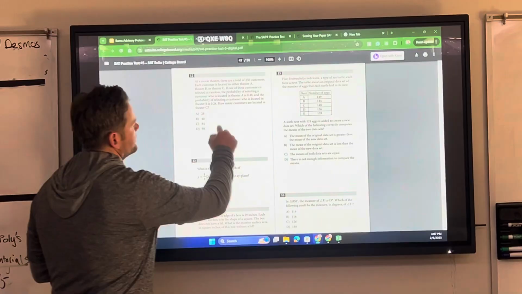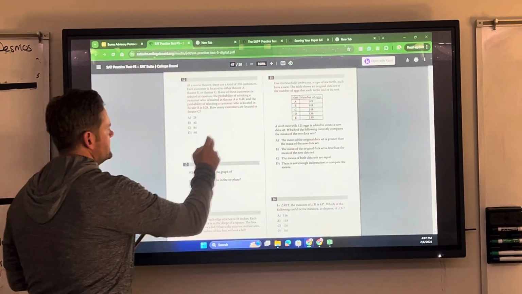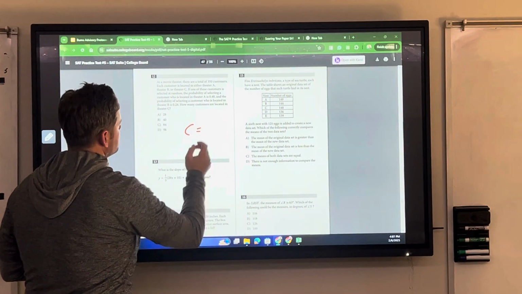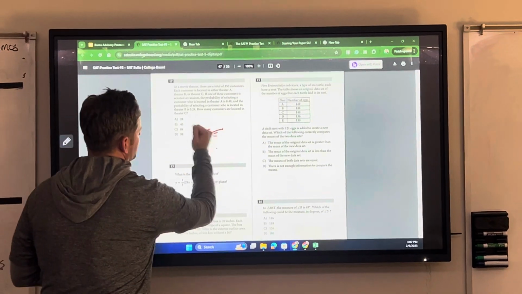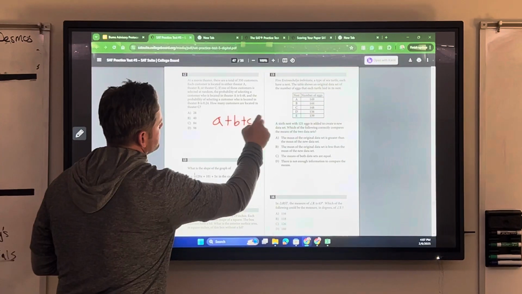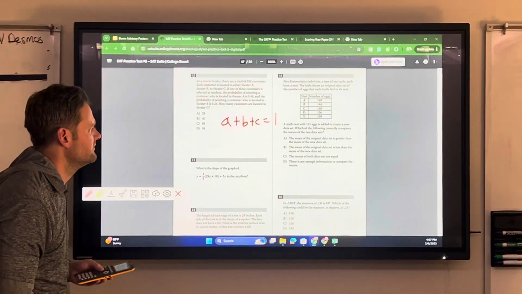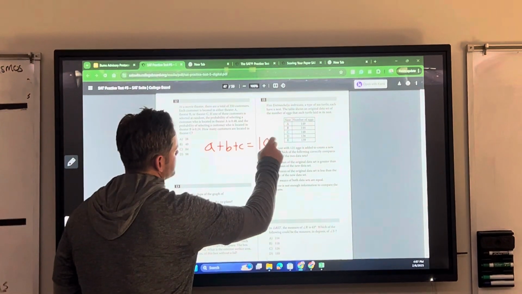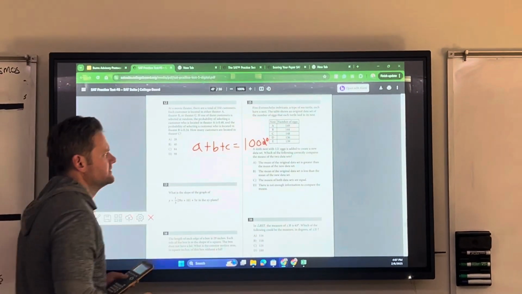Well, let's see the probability. I know the probability of C has to equal, a better way to look at it is A plus B plus C equals 1, a total of 1, right? If you want to keep it in decimals. If you want to say 100% and convert everything to percent, you can do that.